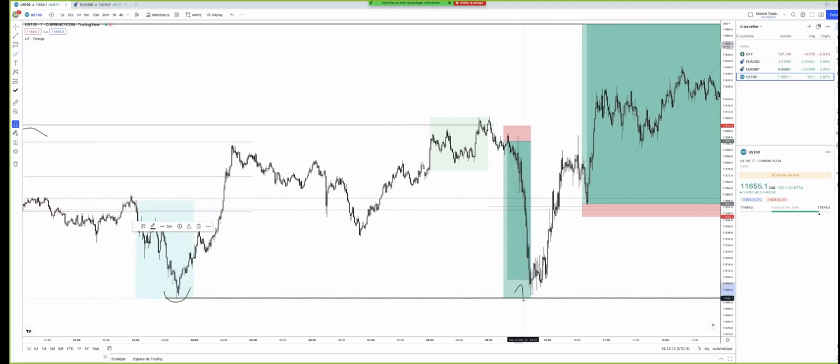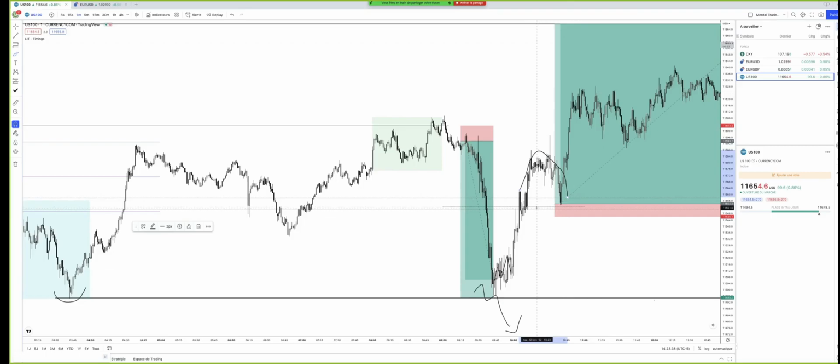I said, okay, the price will go lower because it wants to sweep all these equal lows, and perhaps another liquidity pool. But in fact, the price created a minor break of structure, and after that came back to my new high, my high of the day, and created equal highs. That means liquidity, right?